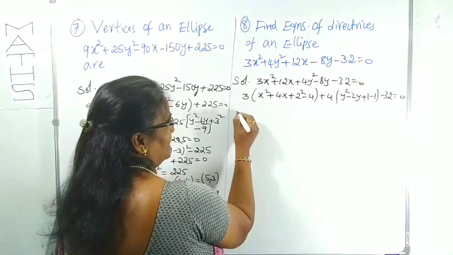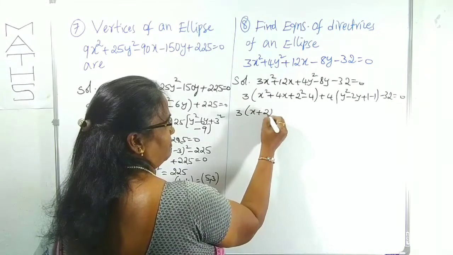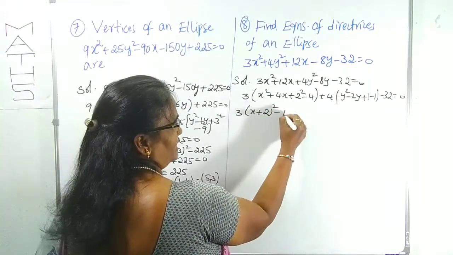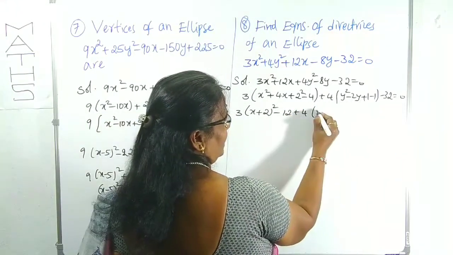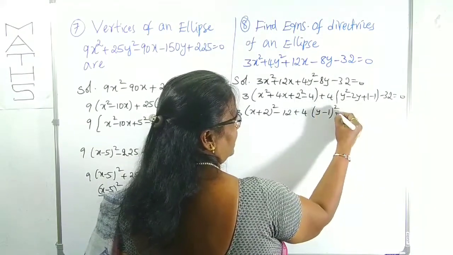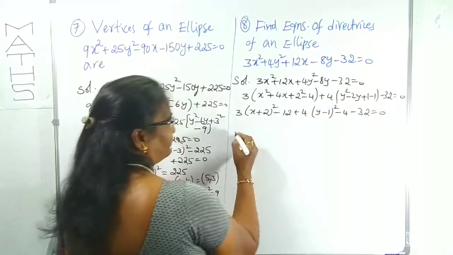This we can rewrite as 3 of x plus 2 whole square, you know the a plus b whole square formula, 3 into 4, 12, with minus 12, plus 4 times of these three terms we can add y minus 1 whole square, with 4 into minus 1 is minus 4, minus 32 is equal to 0, right?